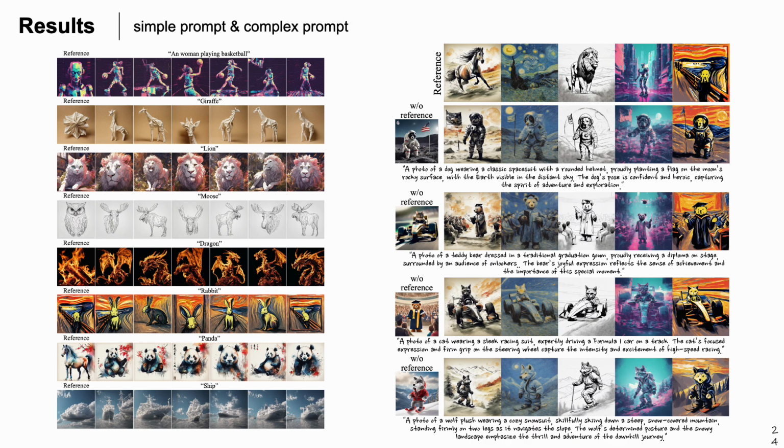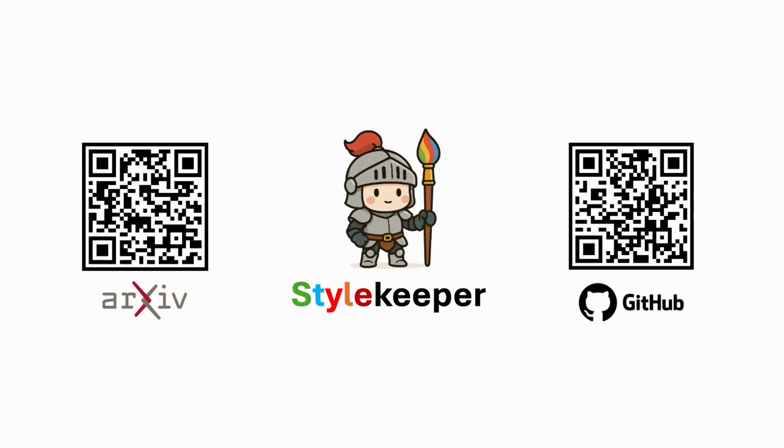On the right, for complex prompts like detailed scenes, our method effectively combines the style of the reference image with the nuanced details of the text prompt. In conclusion, our method consistently captures the essence of the text prompt and the style of the reference image while avoiding content leakage and producing diverse, high-quality results.